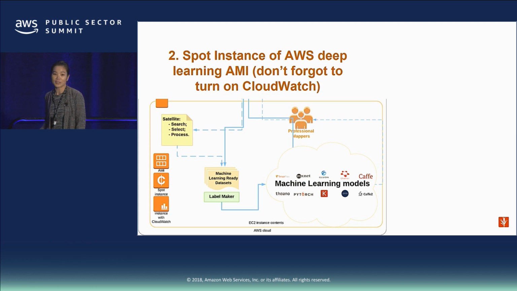And my favorite is the deep learning AMIs, either with an Ubuntu machine or Linux. And don't forget to turn on CloudWatch. Then after your model trains and predicts, the machine will shut itself down, right? You don't need to watch it.